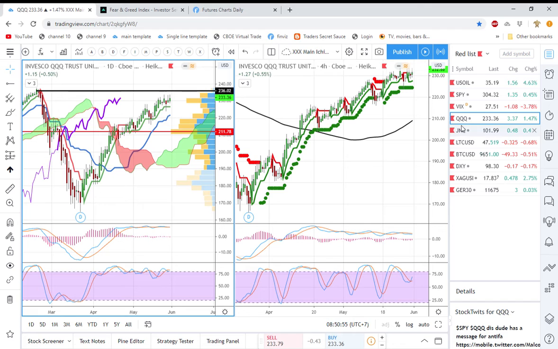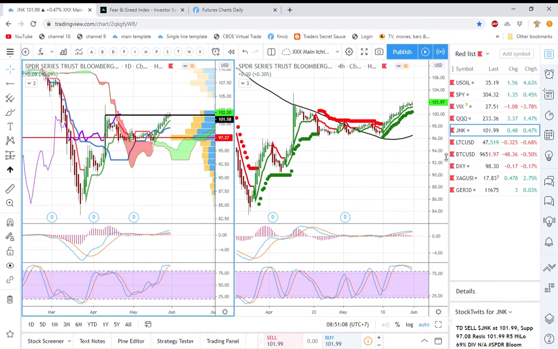The rally we've seen has got nothing to do with fundamentals, which have deteriorated dramatically. Junk bonds have rallied because the Fed's been buying junk bonds, and all other kinds of bonds as well. So that's also supporting the market.